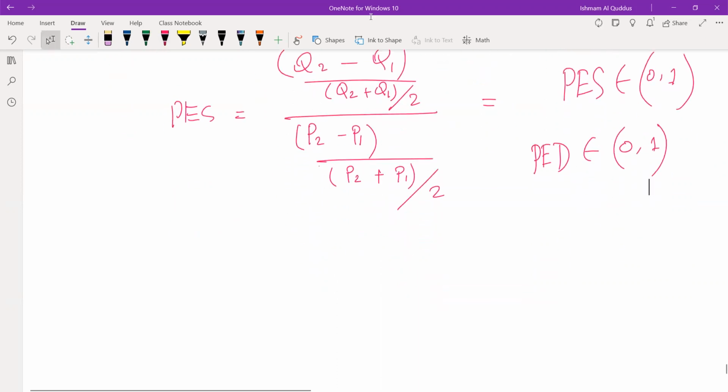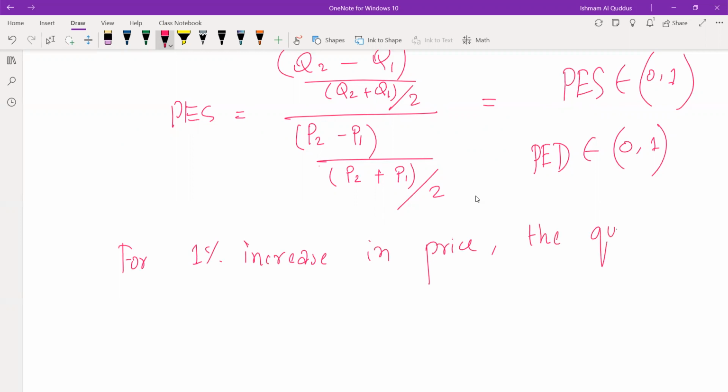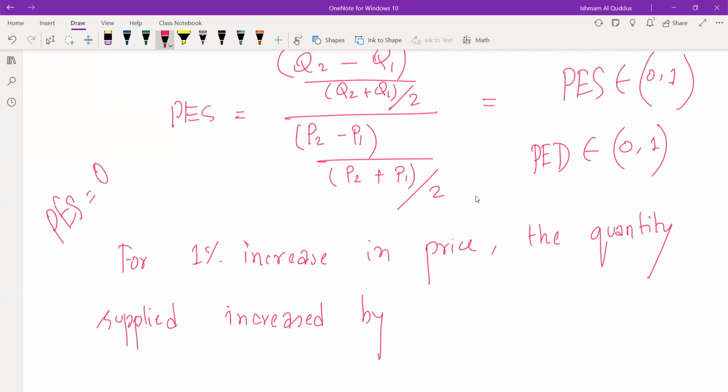So just like PED, you can also interpret PES in the same manner, like for a 1% increase in price, the quantity supplied increased by, let's say, for example, PES is 0.33.